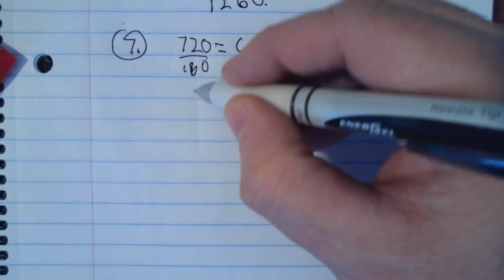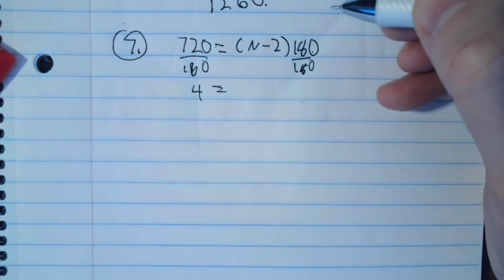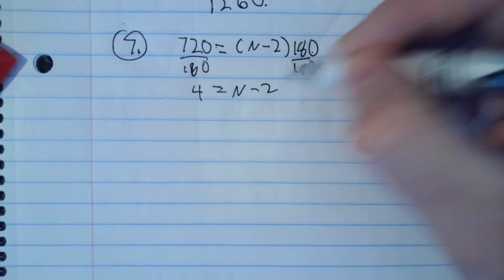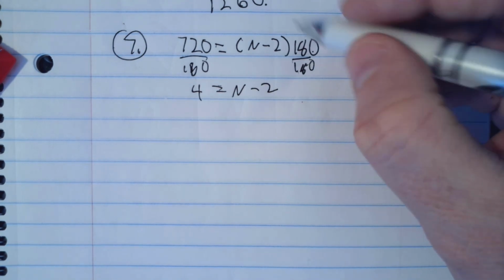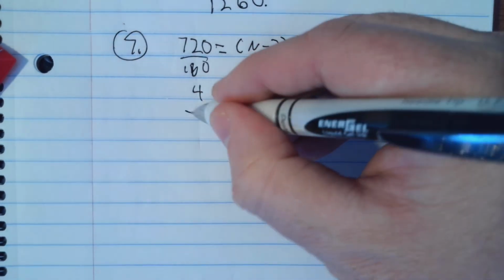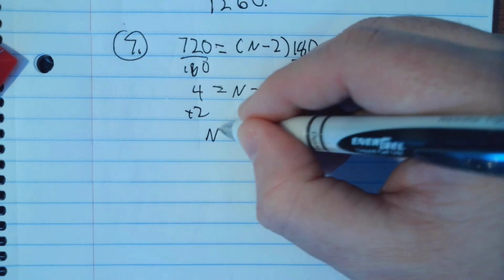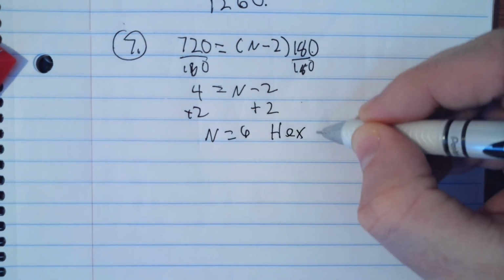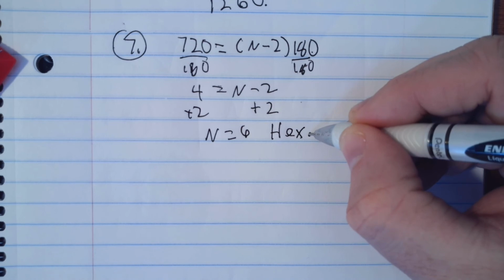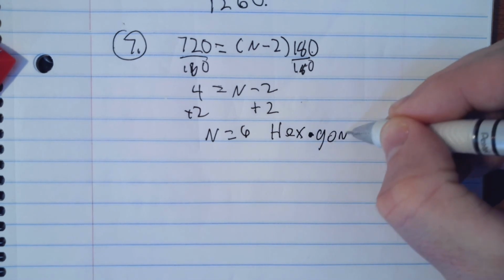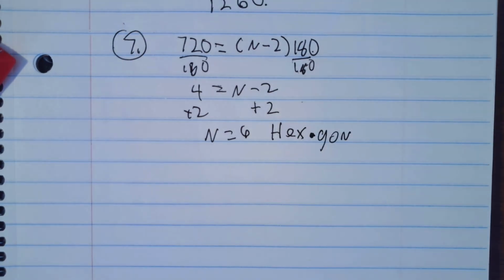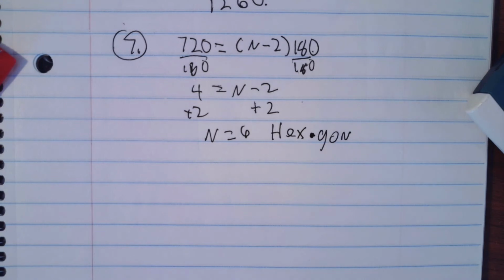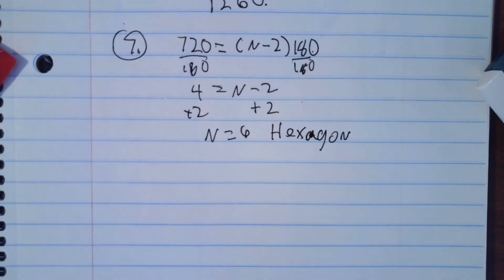Which is it? 4? So that's n minus 2. And now you figure out where I got 6. So the number of sides is 6, which would make it a hexagon. I don't know why I made that so small. All right, so that's 7.